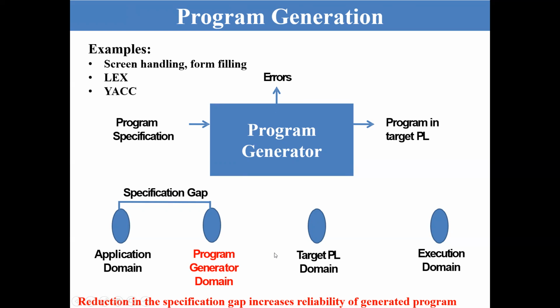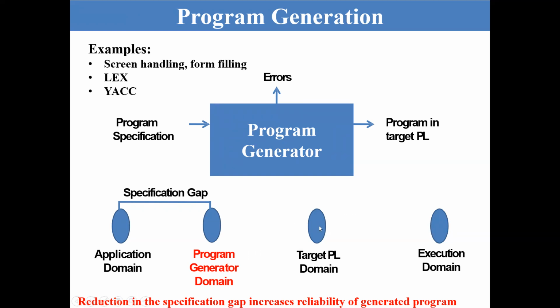And one more thing, it is more economical to develop a program generator than to develop a problem-oriented language, right? So program generators are restricted to a specific application domain. It is not possible to develop a generalized program generator, right? Just remember these things.